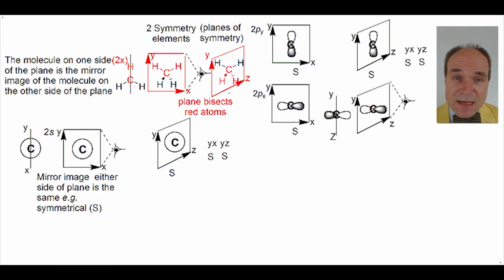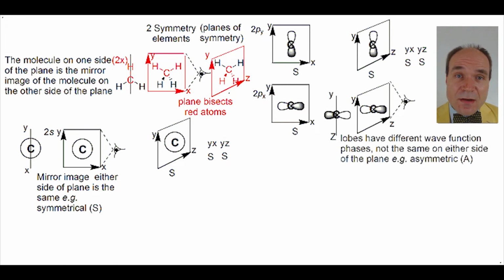Well, what we can see is that on the left-hand side, the electron is out of phase with the right-hand side of the plane. This is not a mirror image, and so we describe it as asymmetric, or A. So YX plane, S for symmetric, YZ plane, A for asymmetric.